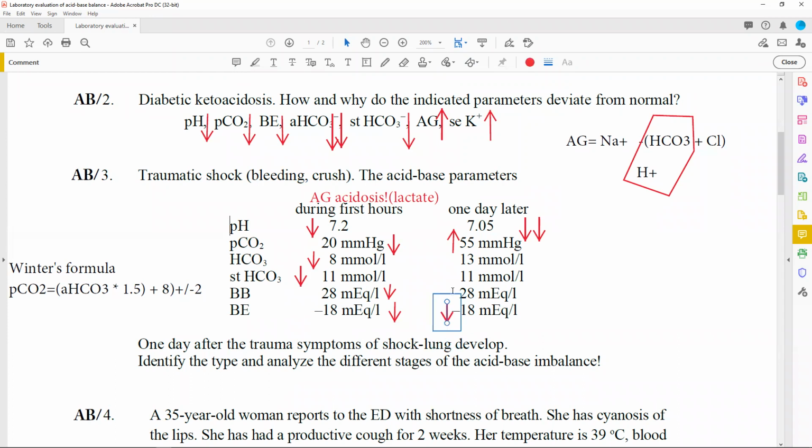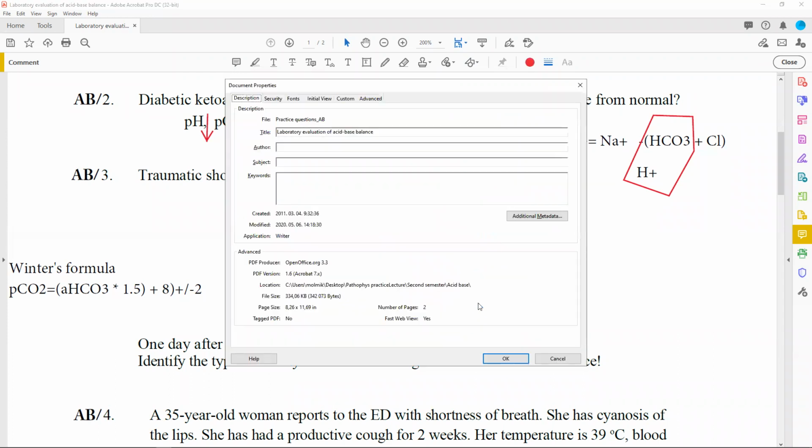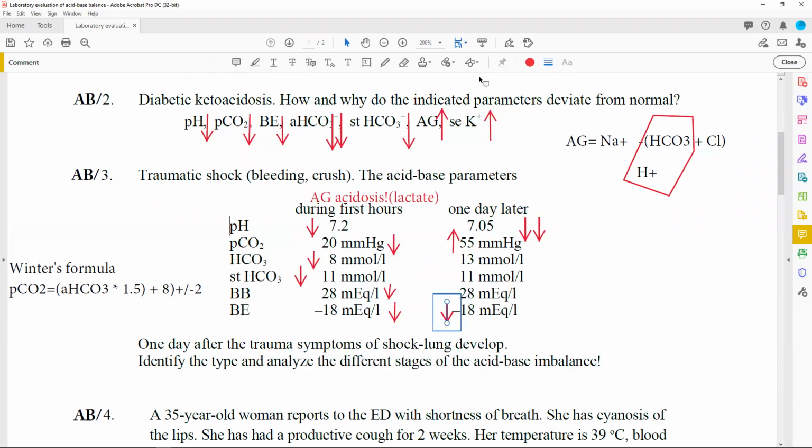Very similarly, we do have the decrease of the buffer base. And similarly, the standard bicarbonate is the same. So the metabolic portion is not changed, only the respiratory portion changed.